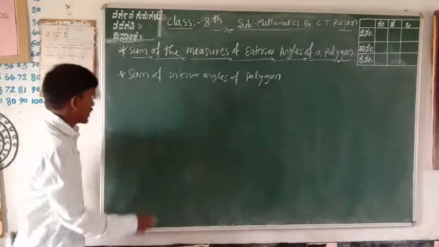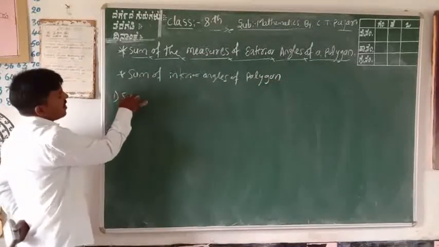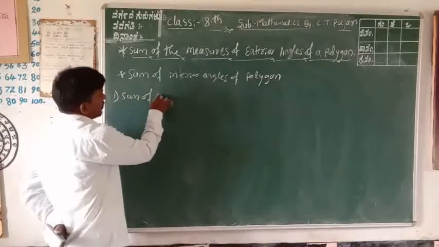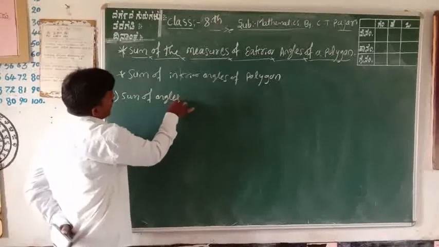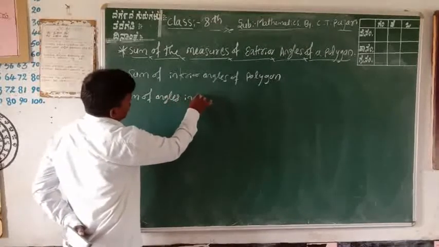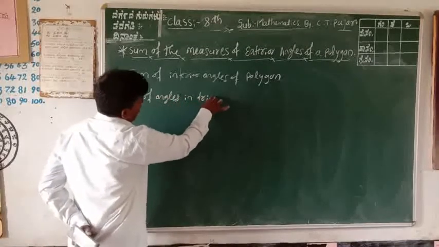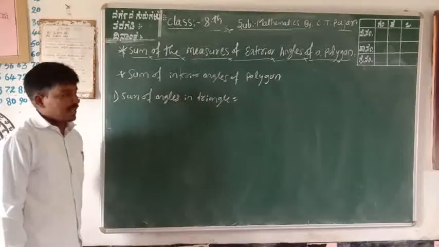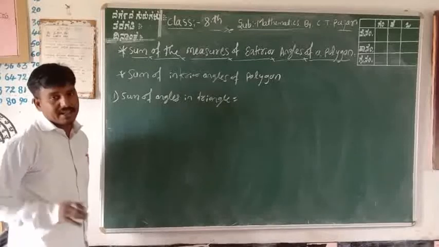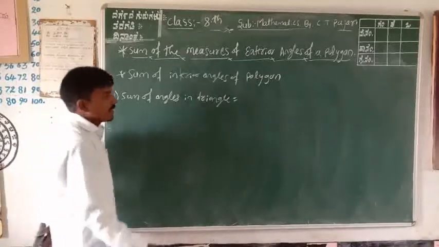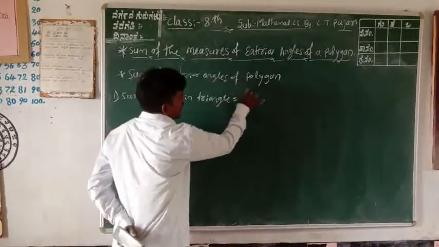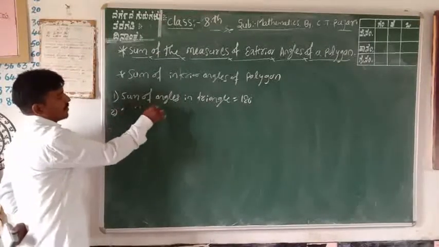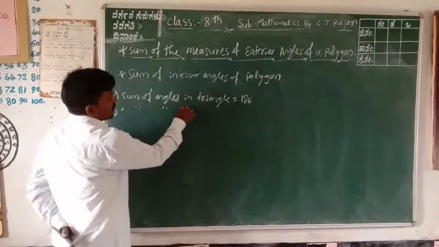The first one, sum of angles in a triangle. Sum of angles in a triangle. How many angles are here? 3 angles. This sum is what? That is 180 degrees.